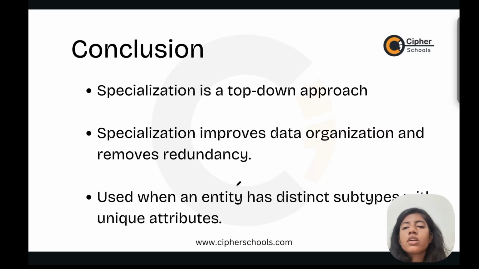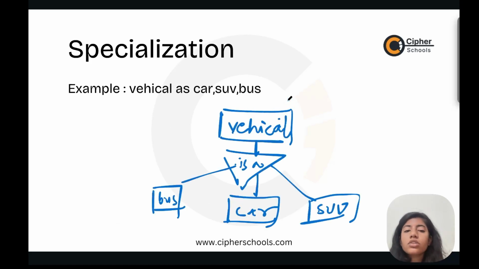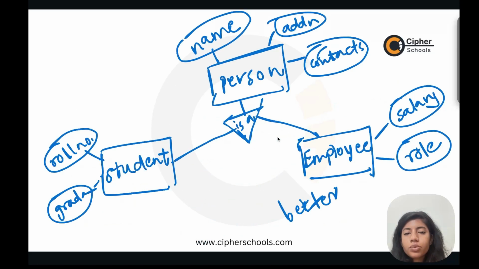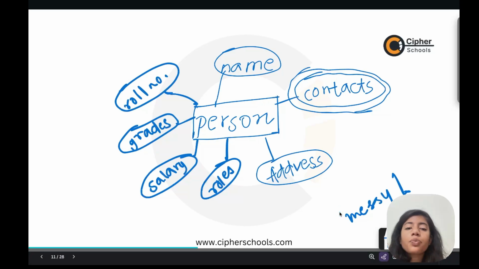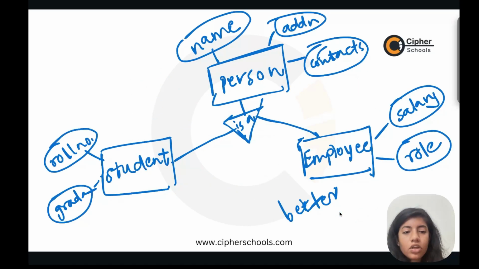So, specialization is a top down approach. Now, what do I mean by top down? What we have done first is we understood the general entity. Let's take the example of this person. We understood the person entity, and then we tried to split this into different parts. So, we are going from the top and we are trying to split it. Now, we can again split it like an employee.